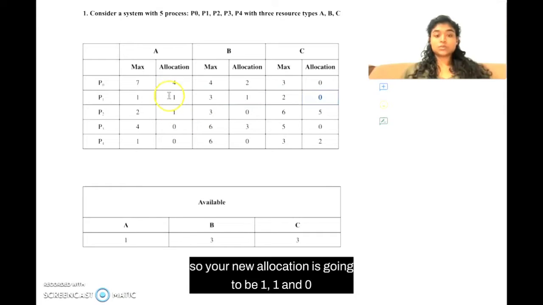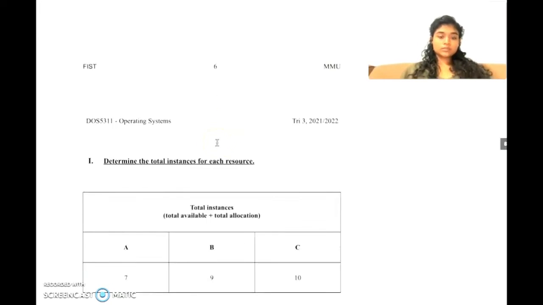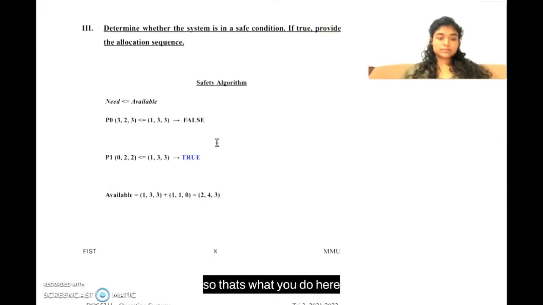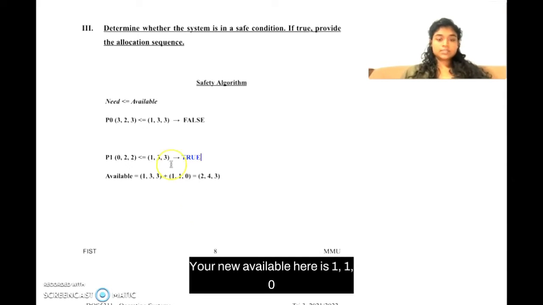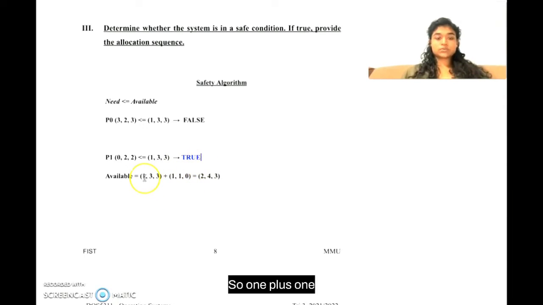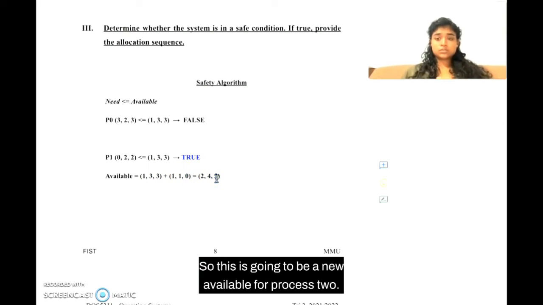So your new allocation is going to be 1, 1, and 0. Okay? So 1 plus 1, you get 2. 3 plus 1, you get 4. 3 plus 0, you get 3. So this is going to be your new available for process 2.